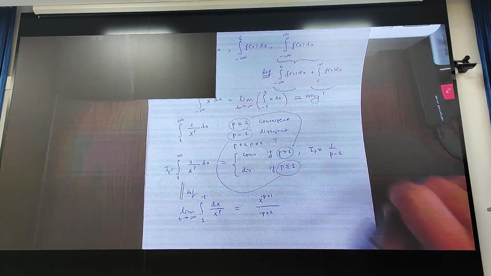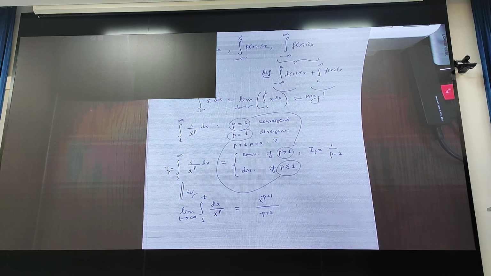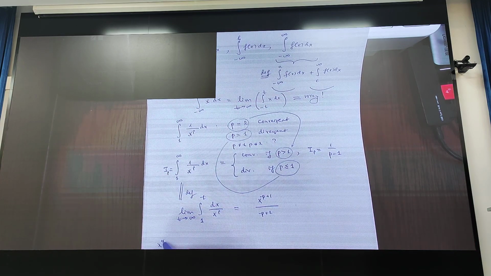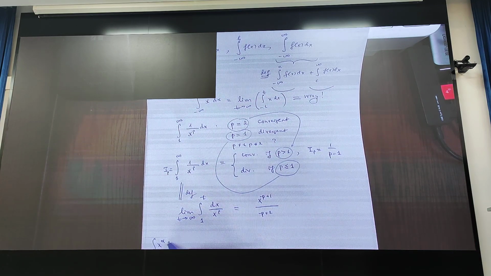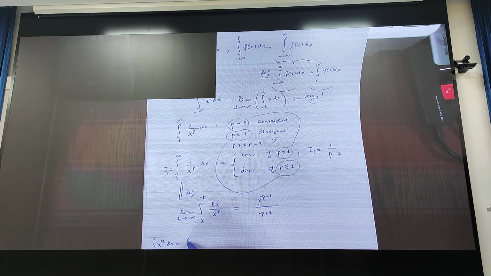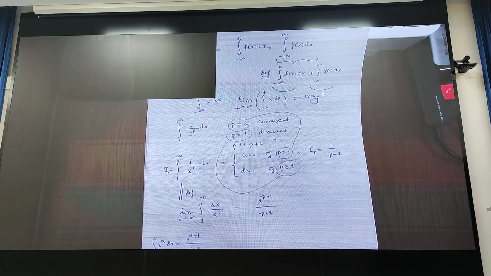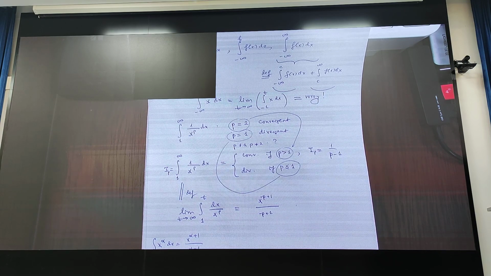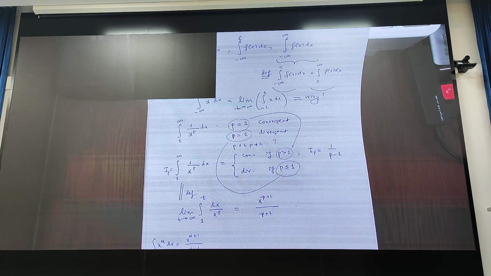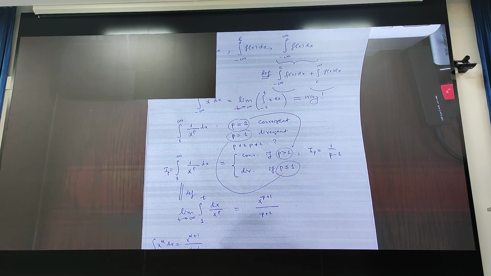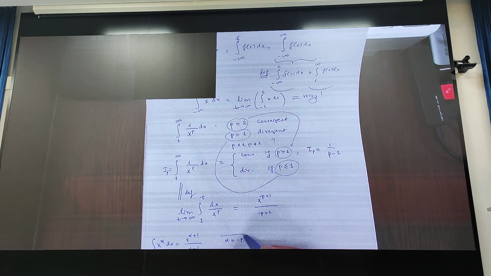So you see, look at that. What is that? This is x to the power alpha. The integral of dx is x^(alpha+1) over alpha+1, alpha different from negative 1. Right? Here, in your case, alpha is negative p.